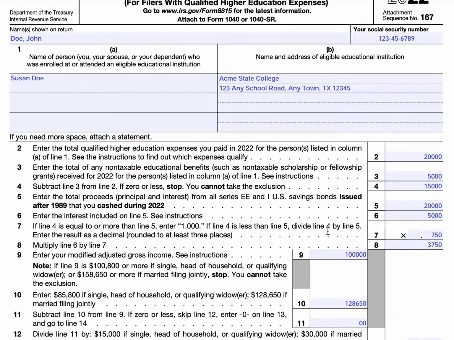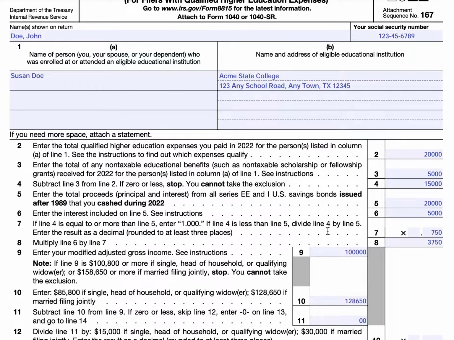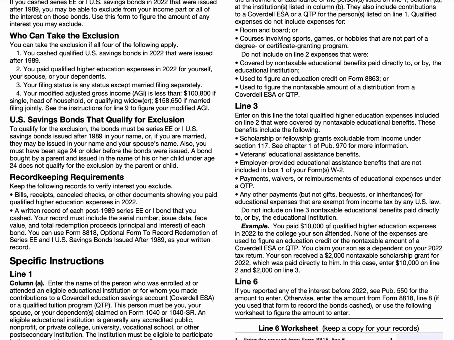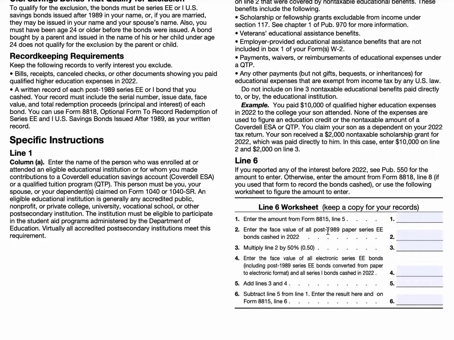So you can either file IRS Form 8818, which is a voluntary form that helps taxpayers keep track of their savings bonds, or you can skip down to the line 6 worksheet. And so this worksheet down here in the form instructions will help you calculate the interest on your bonds, right?